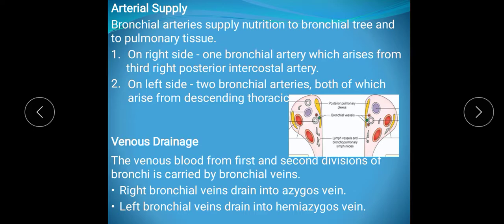On the left side, there are 2 bronchial arteries, both of which arise from the descending thoracic aorta. And the venous drainage. Venous blood from the first and second division of the bronchi is carried by the bronchial veins. The right bronchial vein drains into the azygous vein and the left bronchial vein drains into the hemiazygous vein.